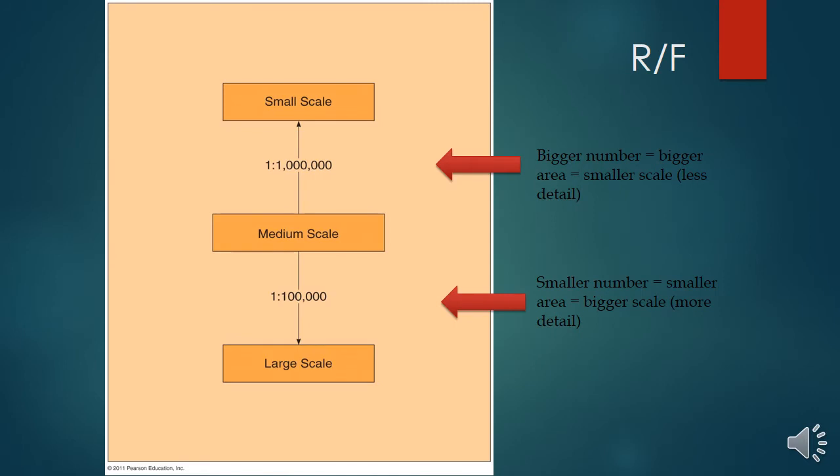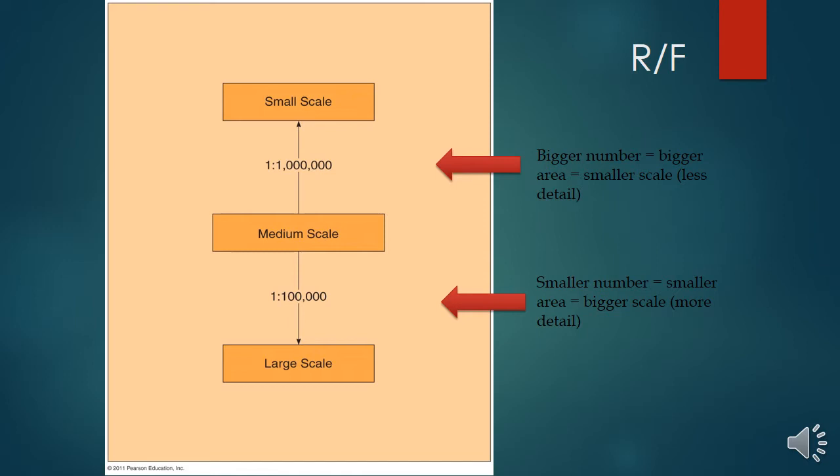Ratio fractions are worth talking about in a little bit more detail here to help clear up any confusion you might have in reading these. Sometimes you will hear maps referred to as small scale or large scale, and you can help determine if that is a small scale representation of the Earth or a larger scale representation of the Earth by the representative fraction that you see.